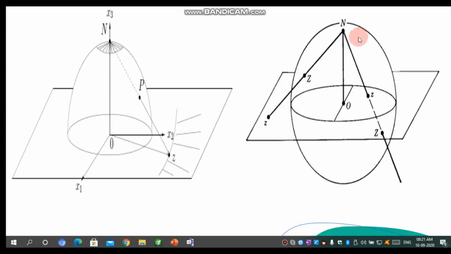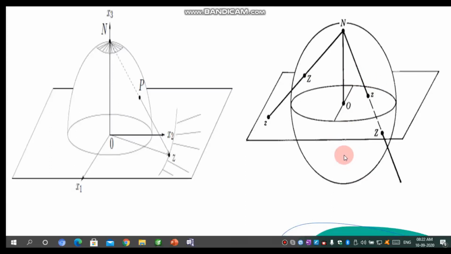Whenever mod z is less than 1, you join like this and capital Z will be in the southern hemisphere. Whenever mod z is equal to 1, it is on the equator and they coincide. So like that we identify the points of the complex plane on the sphere.